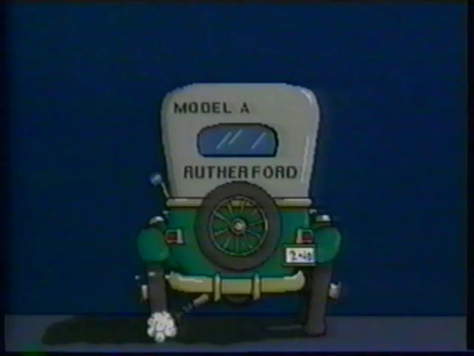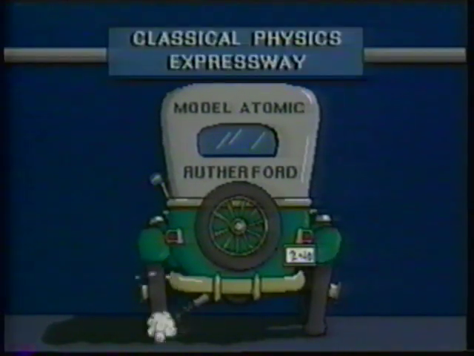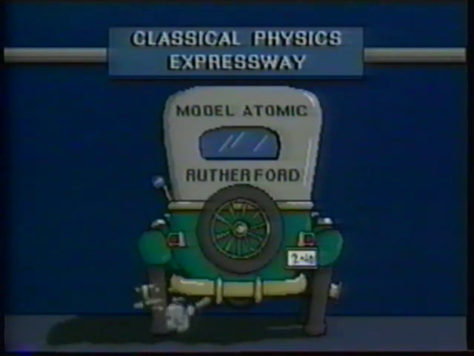The problems facing the Rutherford model of the atom had their source in the demands imposed by classical electromagnetic theory. Classical electromagnetic theory predicts that an orbiting electron should emit radiation.